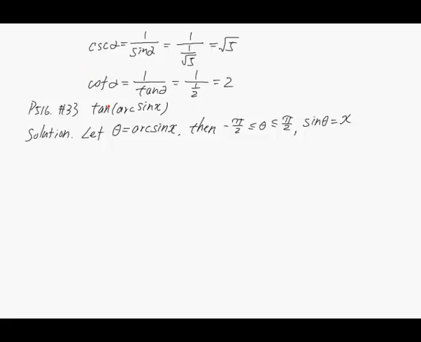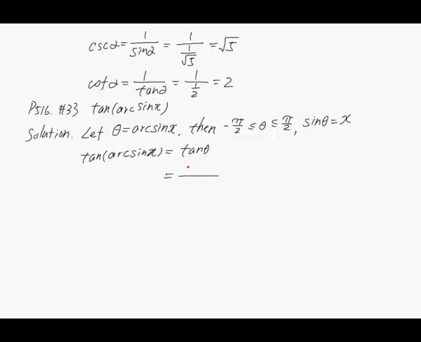So now, let's rewrite this expression, tangent of arc sine x. Let's replace this by theta. We have tangent theta. Right now, we know sine theta is equal to x. And we need to rewrite tangent theta in terms of sine theta, so that we can express this composition as a function of x. And we can start with the identity from the definition.